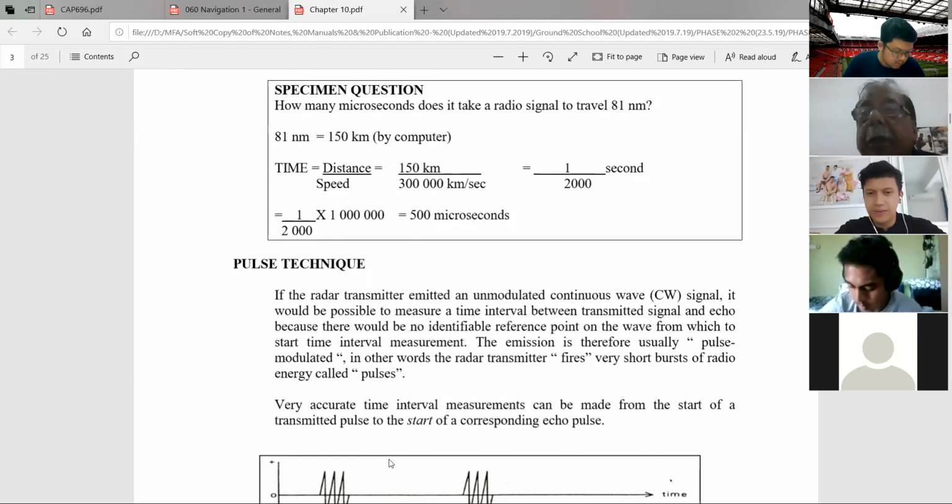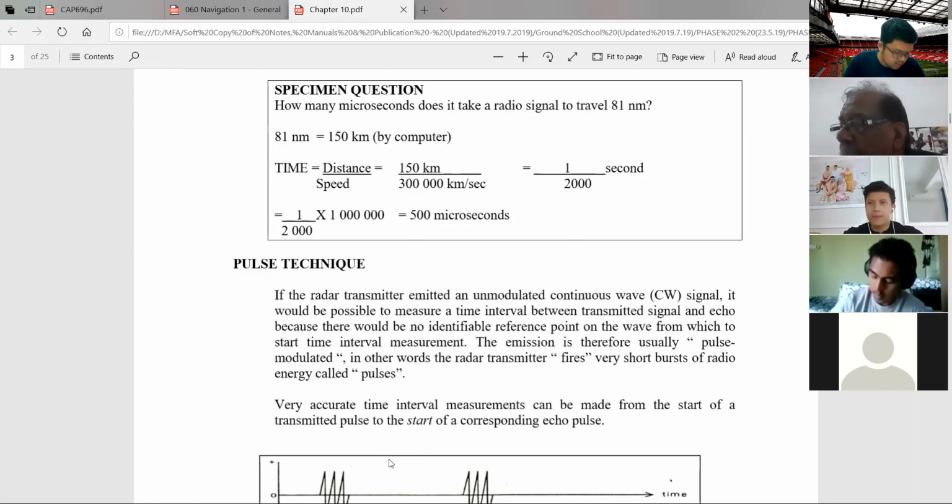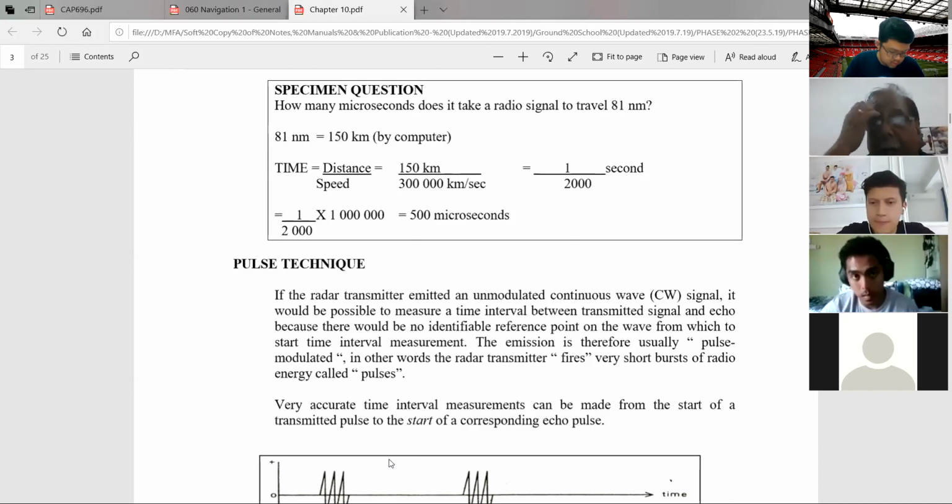Right? In 1 second, the range of the object will be approximately 8,100 nautical miles.